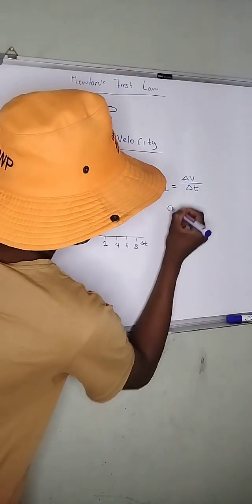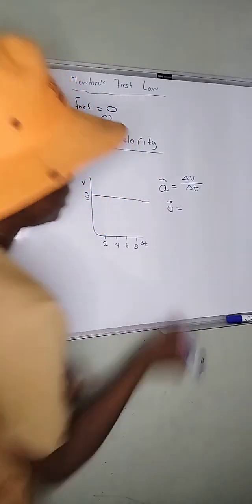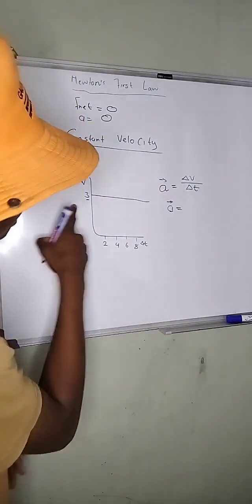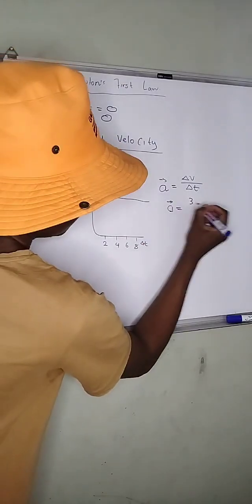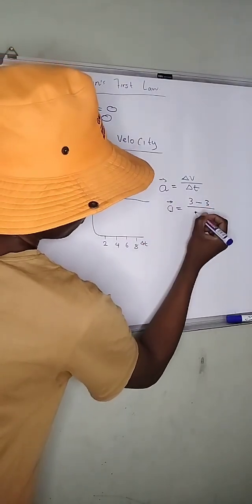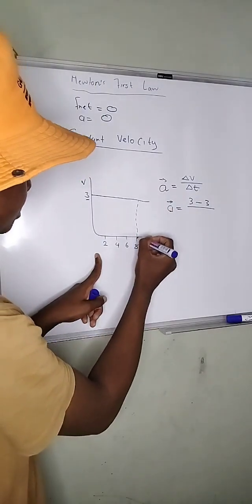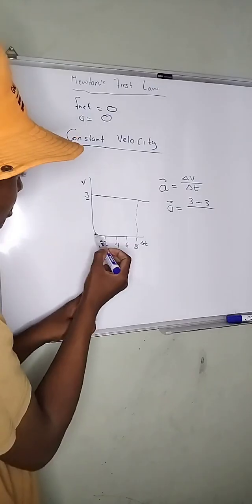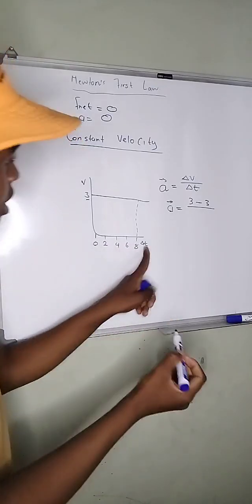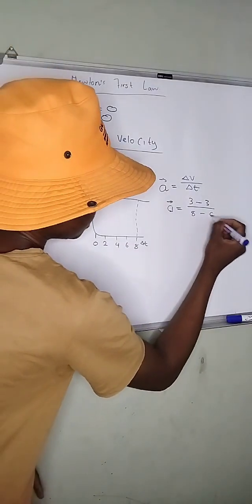If I calculate the change in velocity, my V final is 3 minus 3, over the time between 0 and 8, which is 8 minus 0.